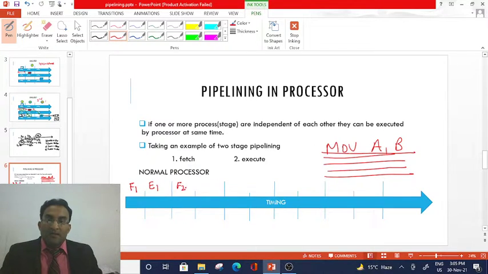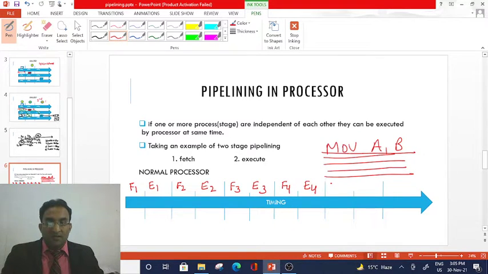After all these operations, the first instruction is over, then the processor will execute the second instruction. For the second instruction, the fetch operation will begin, then execution of the second instruction will begin. When this whole process of the second instruction is over, the third instruction will be fetched and executed. In a similar way, the fourth instruction will be fetched and executed.